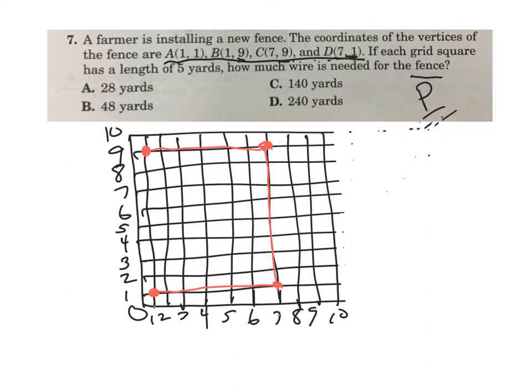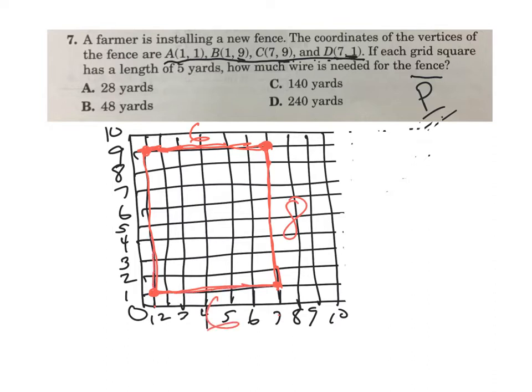I want the perimeter, and each square is worth 5. But first of all, I'm going to get the perimeter. So from here to here is 1, 2, 3, 4, 5, 6. So that's 6. Then 1, 2, 3, 4, 5, 6, 7, 8. 1, 2, 3, 4, 5, 6.